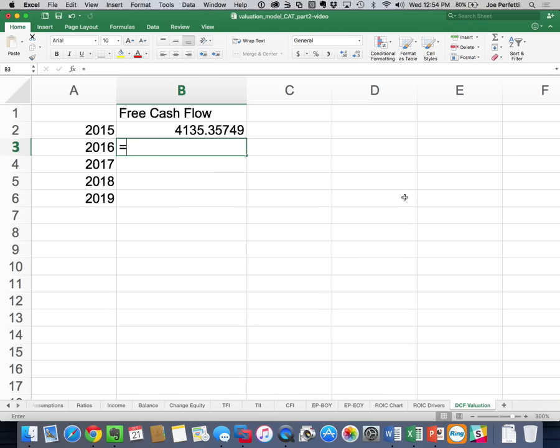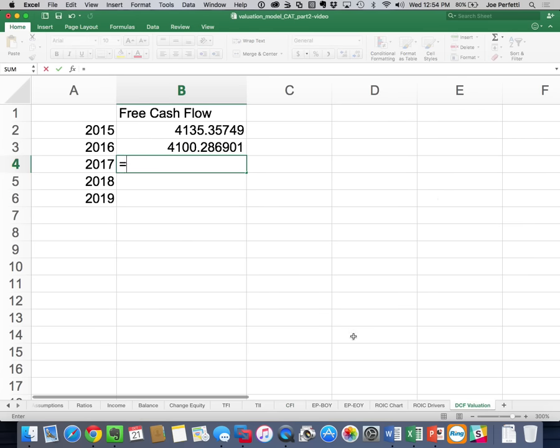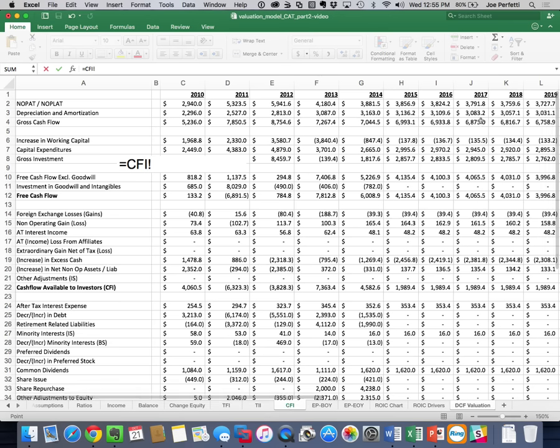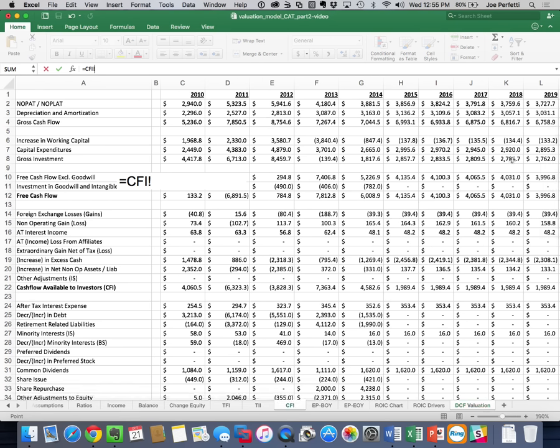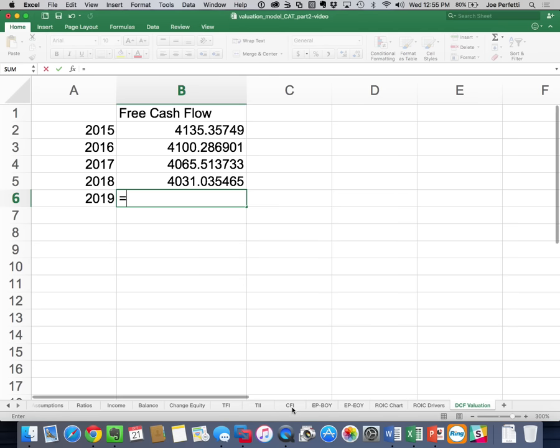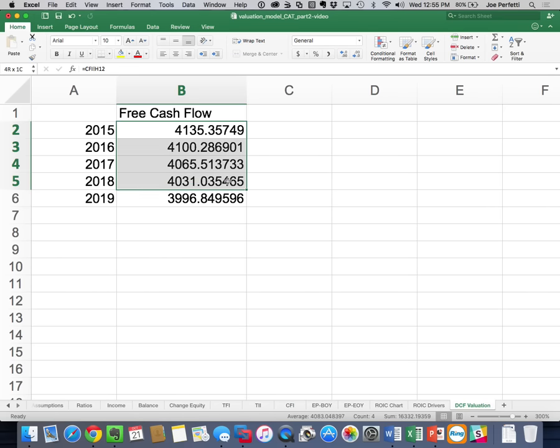Right? 2016 free cash flow off the CFI would have been I12. 2017 forecasted free cash flow off the CFI would have been J12. 2018 free cash flow off the CFI would have been K12. And 2019 free cash flow off the CFI would have been L as in Larry 12. Okay? And to make it easier, I'll put this into 2 decimal places.